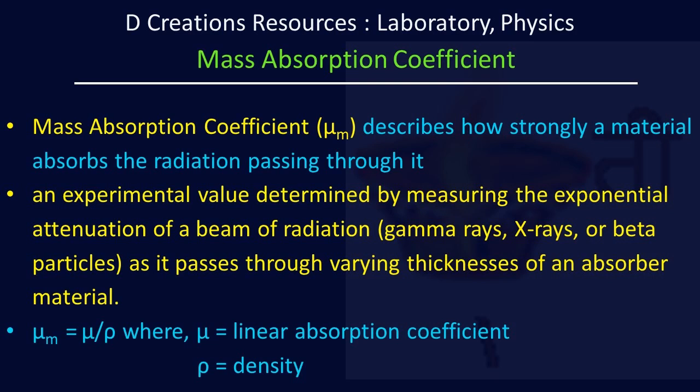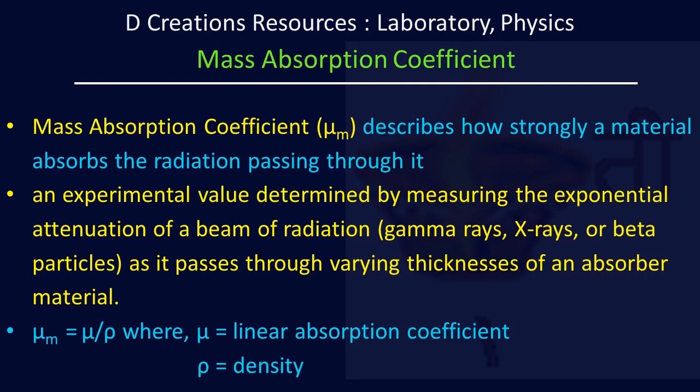So if you compare the linear absorption coefficient and mass absorption coefficient, you will understand that linear absorption coefficient is intensity loss per unit thickness, that is per centimeter. So its unit is centimeter inverse, while mass absorption coefficient is the intensity loss per unit mass, that is per gram, and its unit is going to be centimeter square per gram.